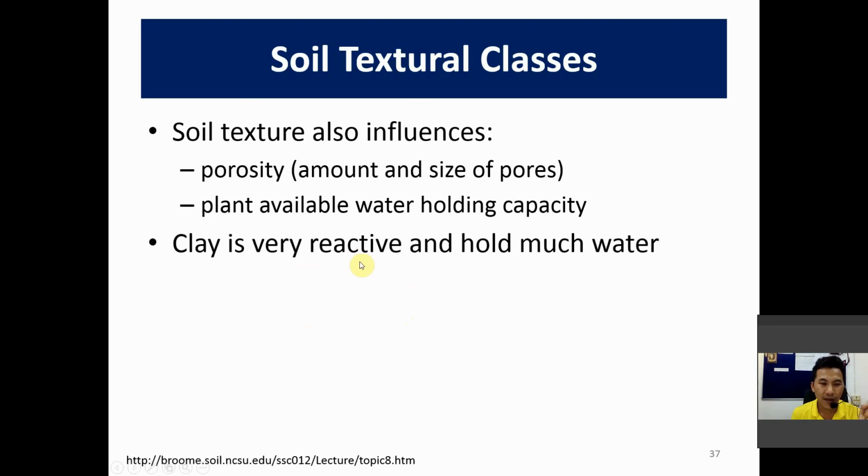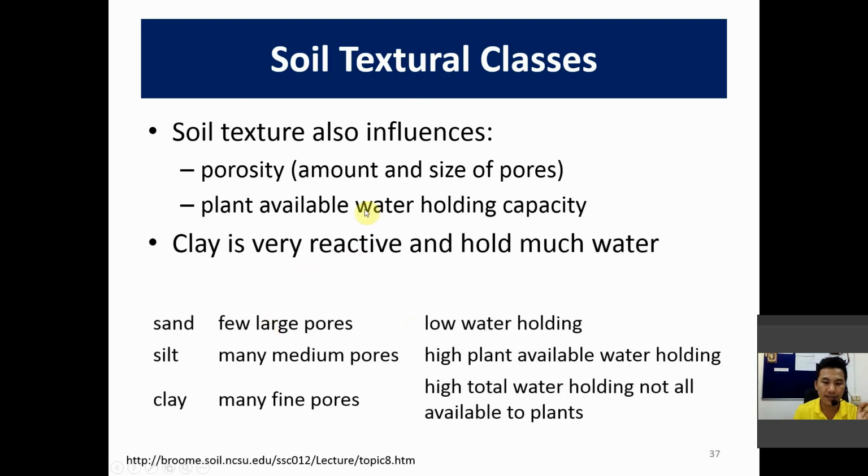Clay is very reactive and holds much water. That's what this tells us about sand, silt, and clay. Sand gives you few large pores, so you have low water holding, whereas clay has many fine pores and gives you a high total water holding, but not all of it is available to plants.